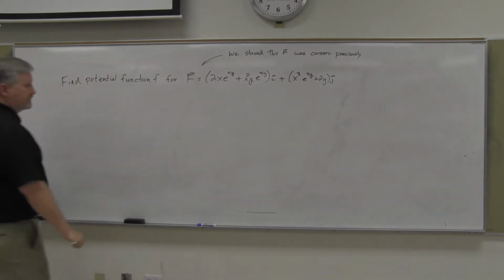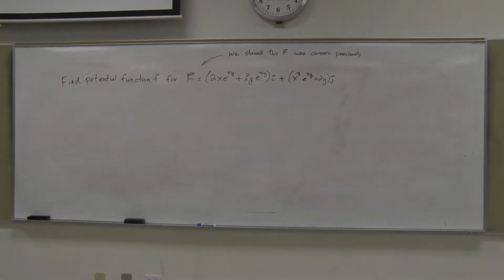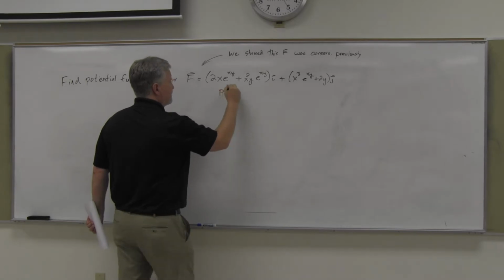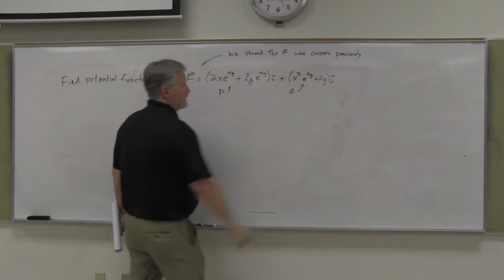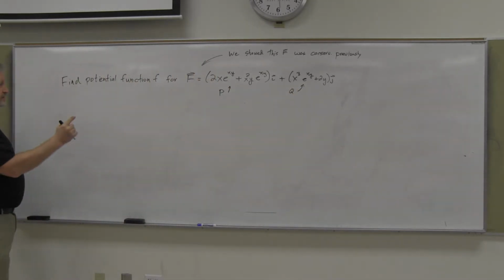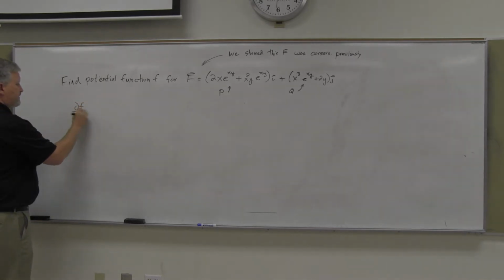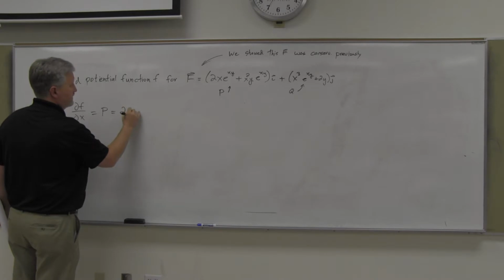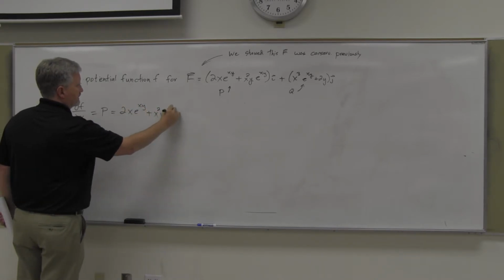So how do we do it? What was our first step? We've already done that, it's conservative, so we don't have to do that. Well, this part of it is our P, this is our Q. And so we set the partial of f with respect to x equal to P, which in this case would be 2x e to the xy plus x squared y e to the xy.